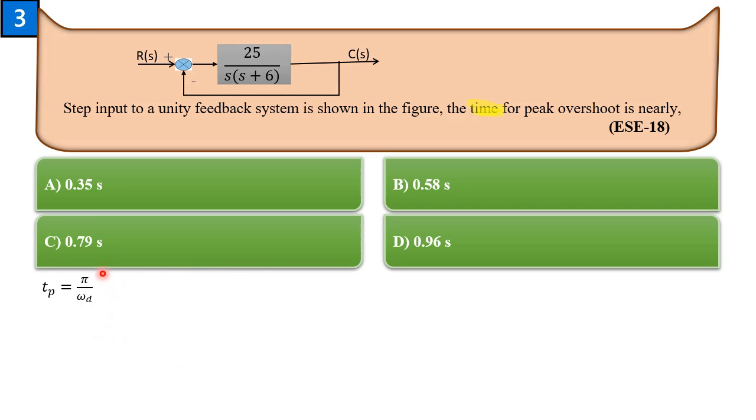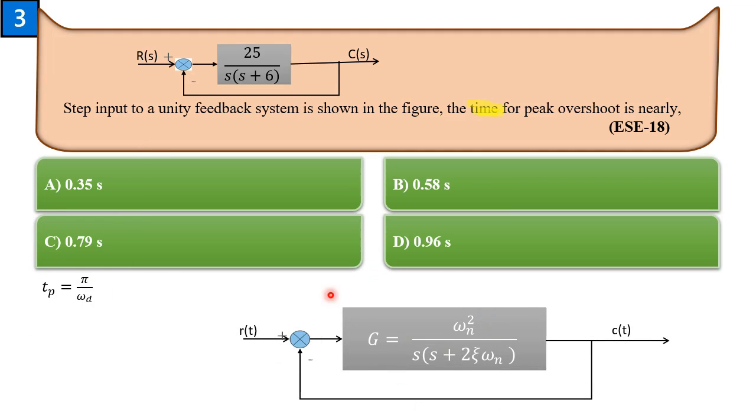So peak time is given as pi upon omega d for a second order system. To find omega d, we have to find omega n and zeta. If we compare this open loop transfer function with the standard open loop transfer function, we will have omega n square as 25, so omega n will be 5, and 2 zeta omega n is 6 here.